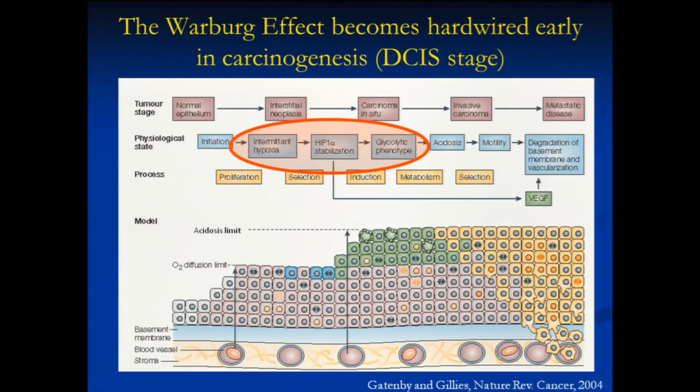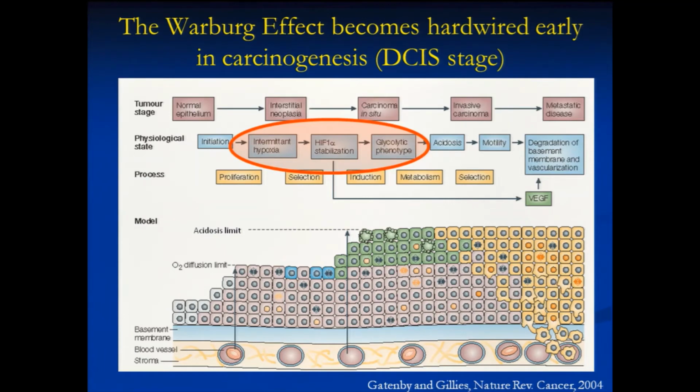So Gillies and Gatenby, a while back, presented a model about how this adaptation could occur. As you can see, cells begin to grow, and they grow out to their oxygen diffusion limit, and they stop there for a while. But then they're in this hypoxic region, and they're undergoing selection in that area, and they're able then to become glycolytic and grow beyond that.